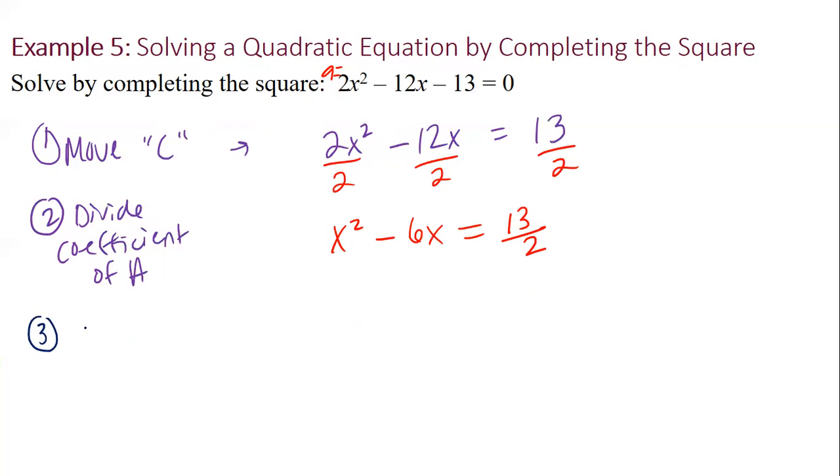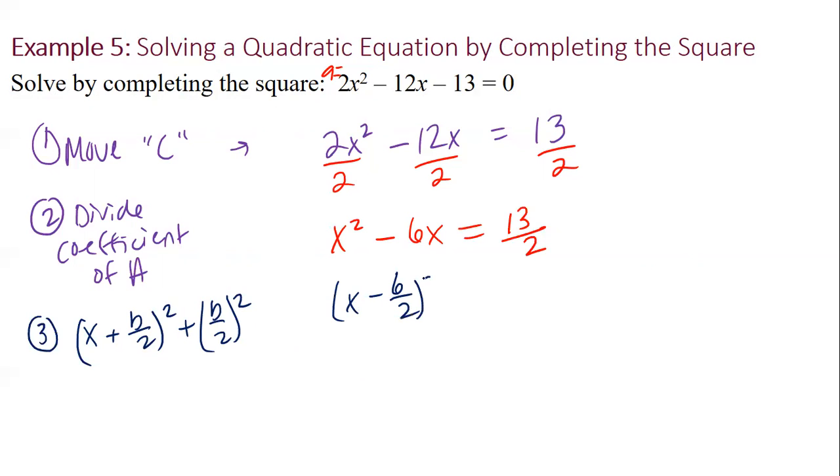We're going to follow x, it's going to be a negative, but plus b divided by 2 squared. So this becomes x, follow the sign, minus 6 divided by 2 squared plus, and we have negative 6 divided by 2 squared equals 9.